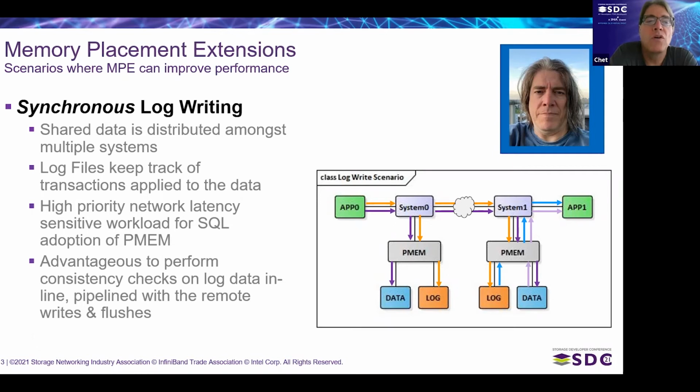And so this is another example where being able to do a write, flush, atomic write, flush, atomic write, or those kinds of sequences, you could take advantage of the memory placement extensions to accelerate things and remove upper layer protocol pipeline stalls that an application would have to have to do this kind of sequence without the memory placement extensions.